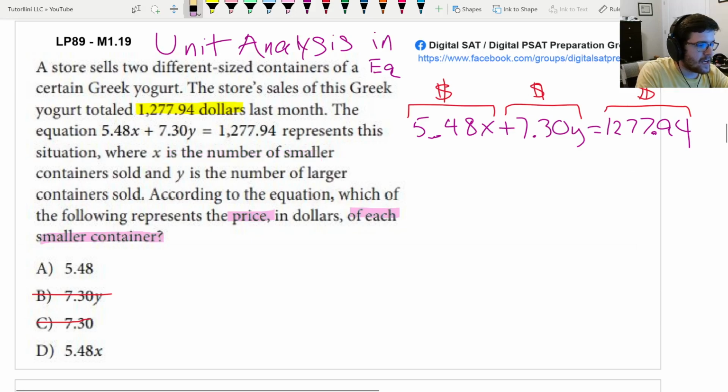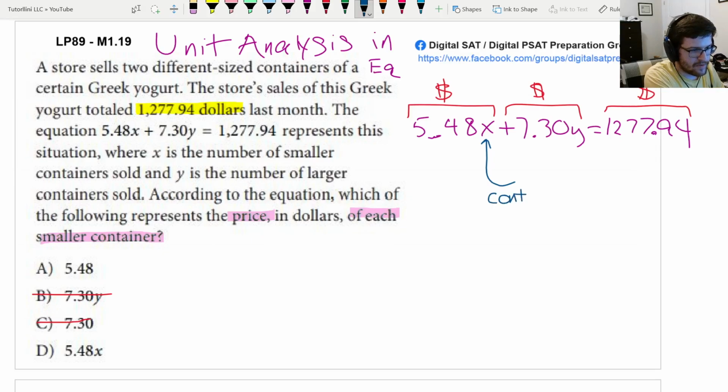So X is the number of smaller containers sold. So this right here is the number, I'll say the units is containers, or number of containers. So now ask yourself, kind of like a unit conversion, it's like a backwards unit conversion.